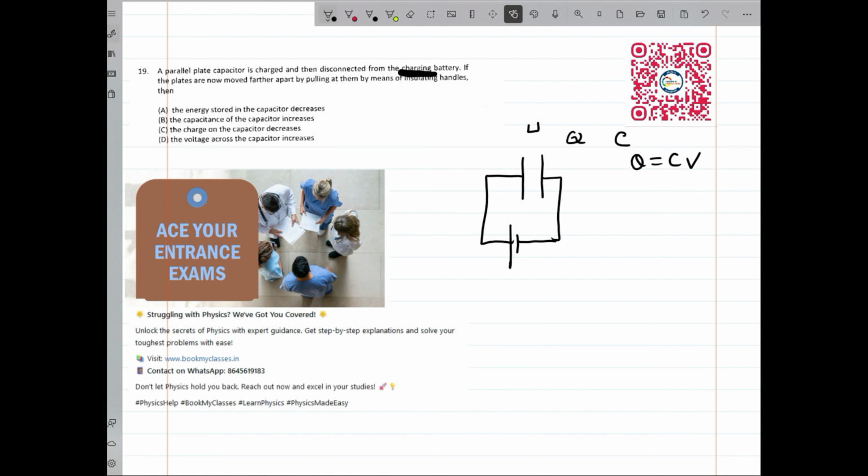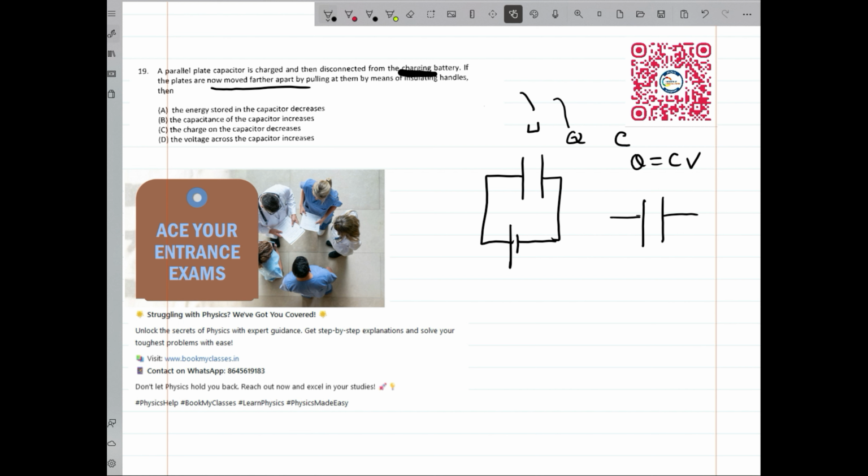Now the battery is disconnected, which means you give it energy, you give it charge, you raise the potential of the plates to V, and then you leave the capacitor like this without the battery connections. Now the plates are moved farther apart with the help of insulating handles. These handles are probably made of plastic, so no charge leaves the capacitor.